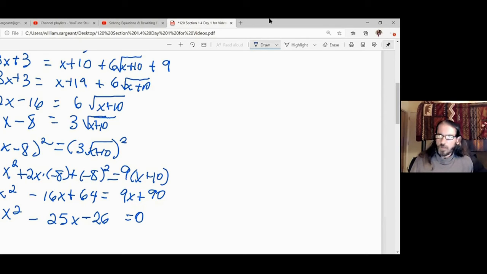So I need a negative product. They're going to be different signs. They have to add up to a negative 25. So the larger is negative. And perhaps the very first option we would try, negative 26 and positive 1, will do the job.